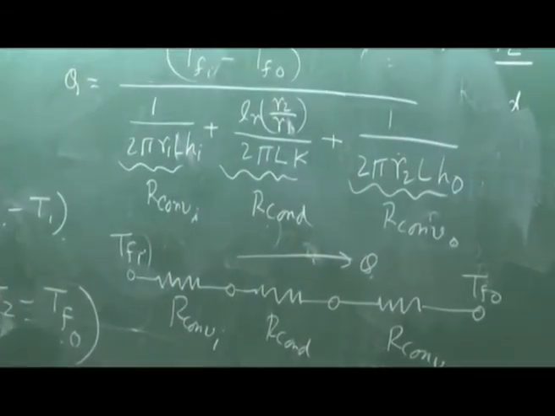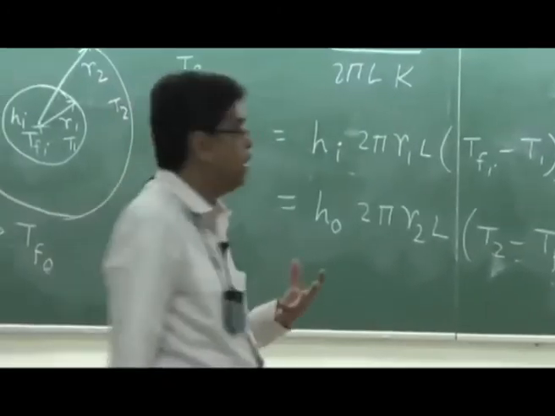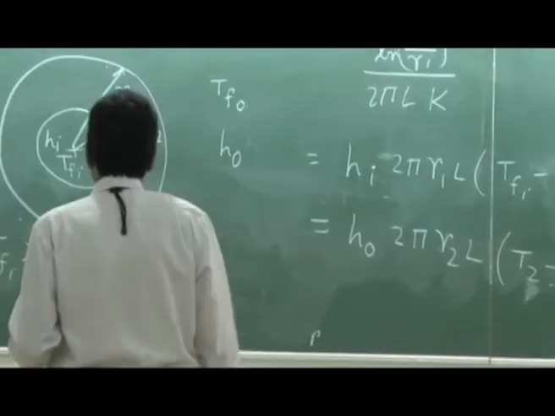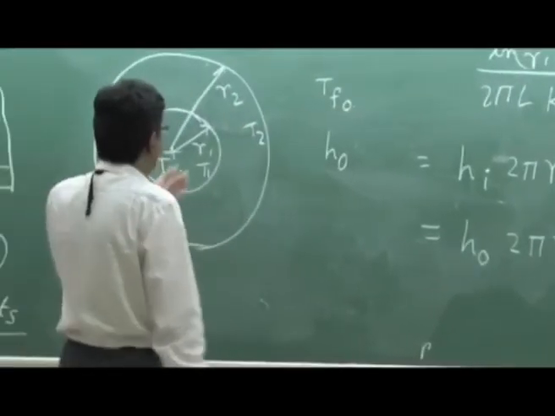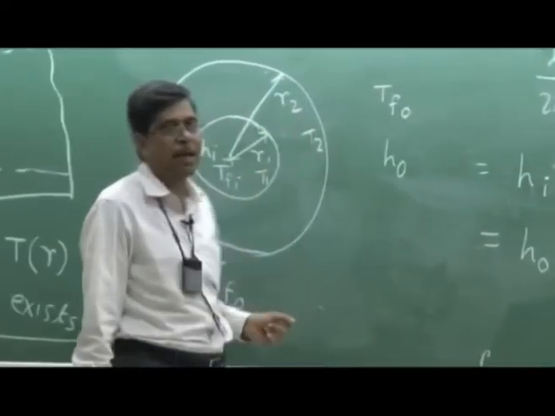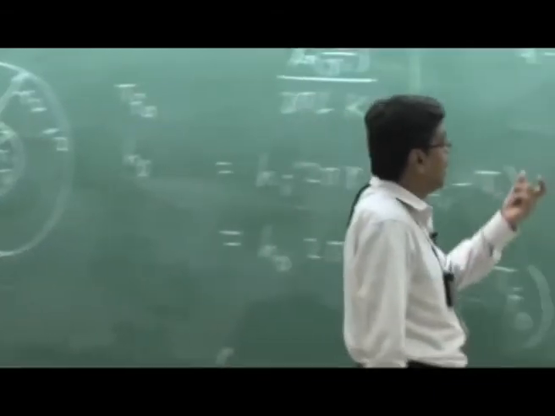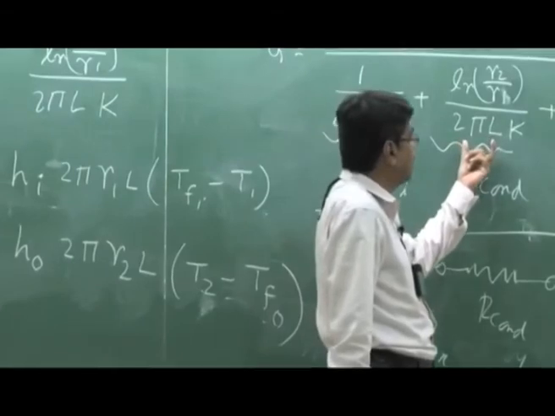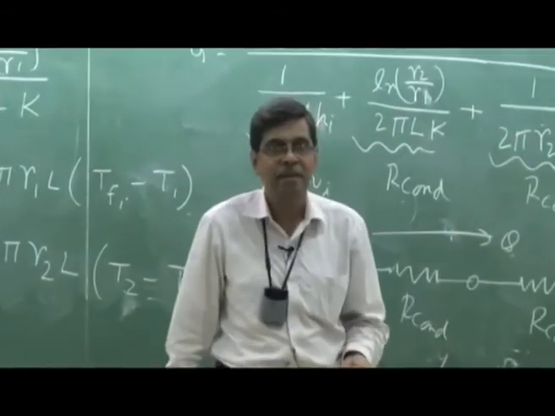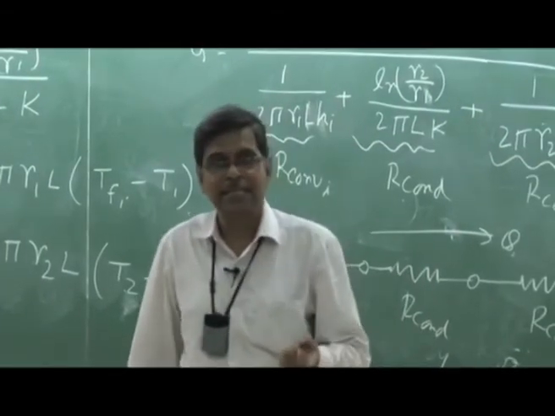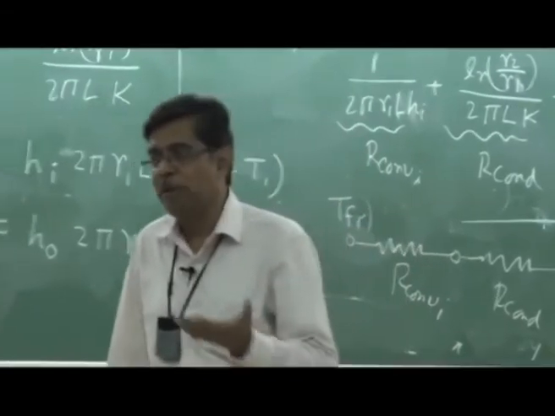Same thing. We can also think of composite cylinders or composite cylindrical walls, which may be composed of materials of different thermal conductivity. Then we will have different conduction resistances in series. So it will be nothing great.